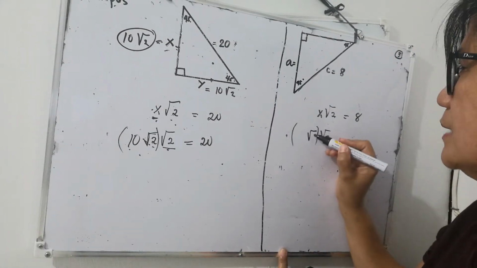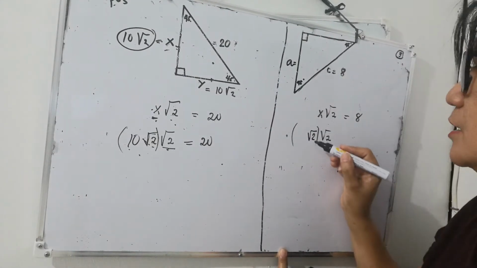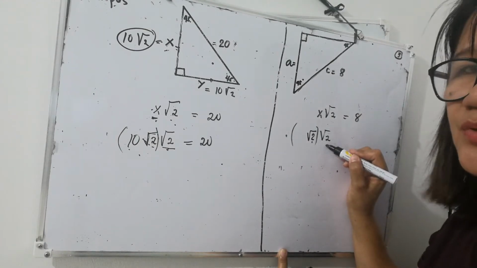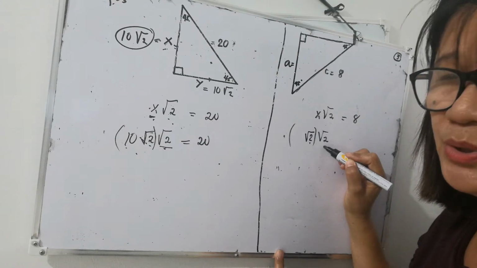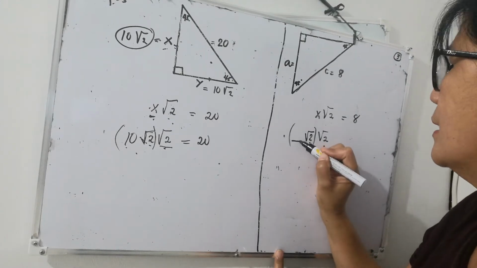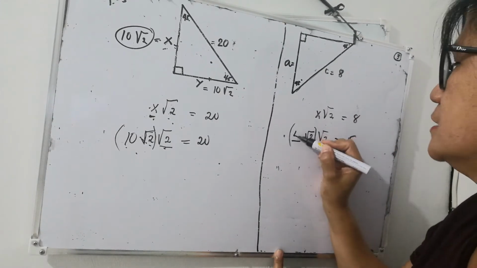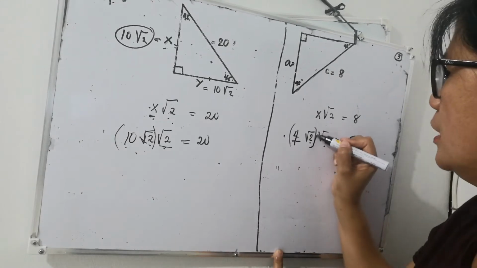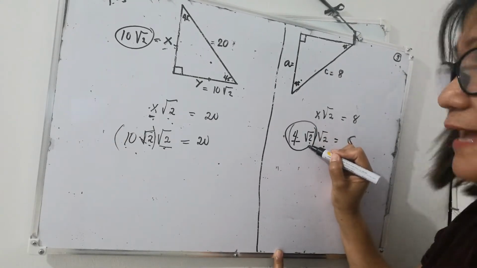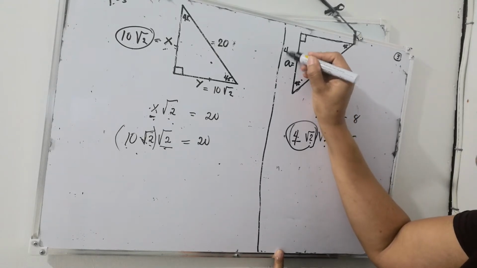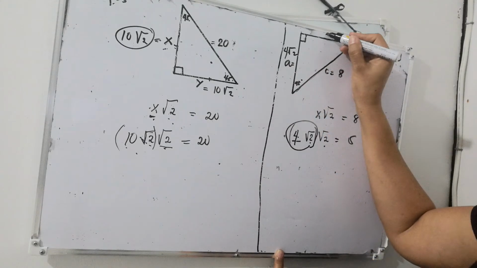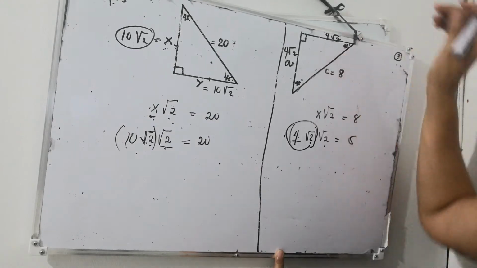First, kailangan mong matanggal yung radical sign. Square root of 2 times the square root of 2 is the square root of 4. And that is equal to 2. Times blank will give us 8. So, the answer is 4. Therefore, ito yung value ng leg. This is our leg. That is equal to 4 the square root of 2. Ganon din sa kabila. 4 the square root of 2.